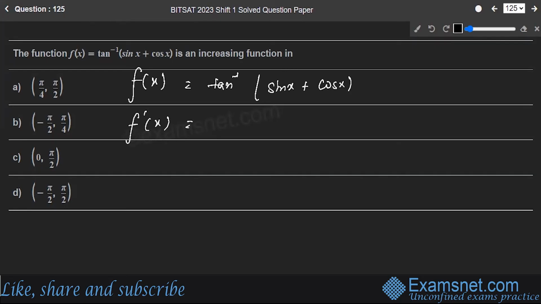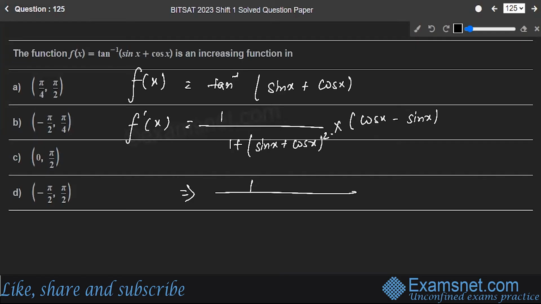This will be given by 1 upon 1 plus this square into the derivative of sin x plus cos x. This will be cos x minus sin x.